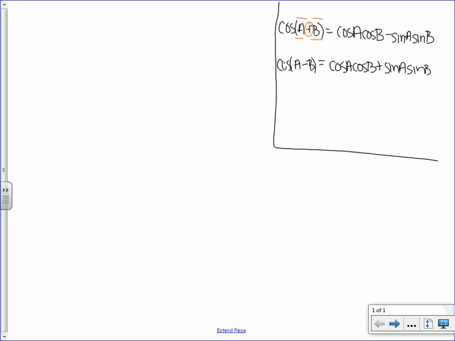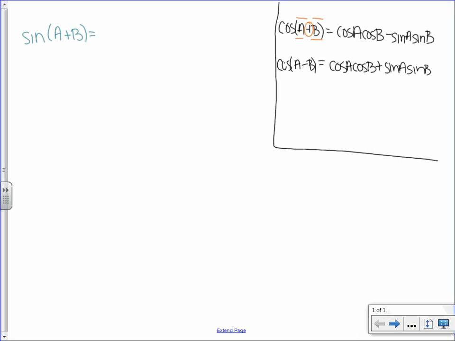Okay, so now we are going to learn the sum and difference formula for sine, since we already did cosine. So here we have the sine of A plus B. Remember, this is when we're adding together two angles.